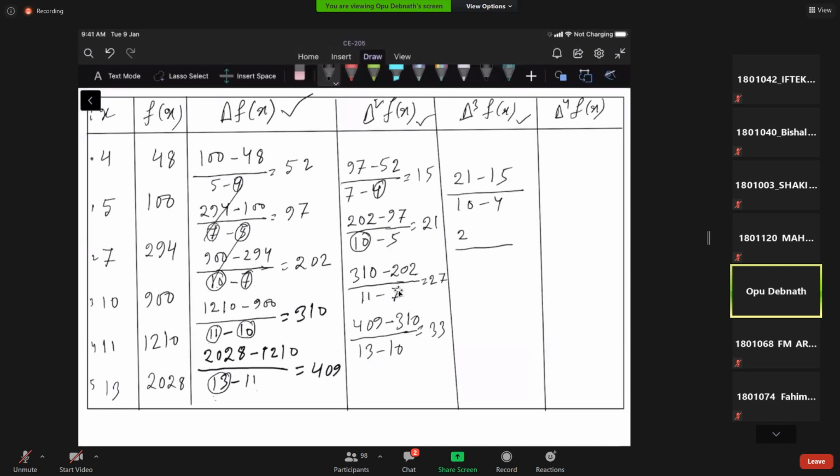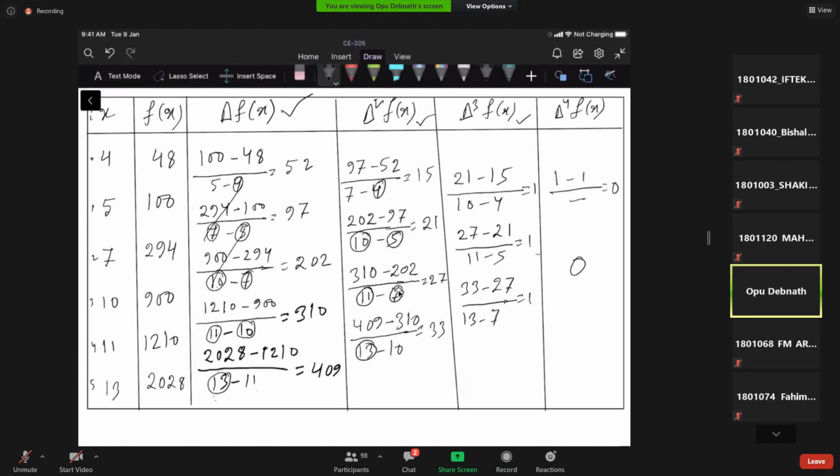Similarly, 27 minus 21, 11 minus 5. 33 minus 27 divided by 13 minus 7. So in all cases you will find the value 1, and next, 1 minus 1, nothing is required because it is totally 0. Again from these two you will get another 0.